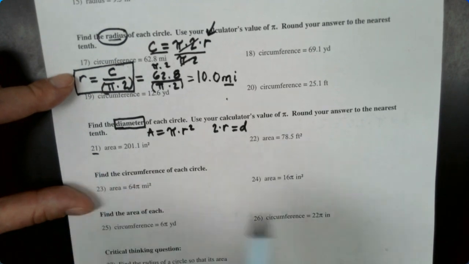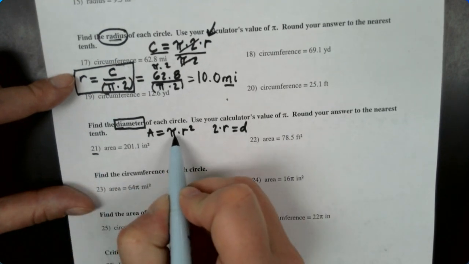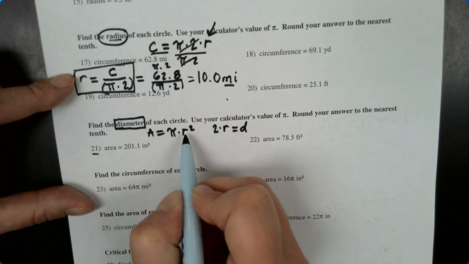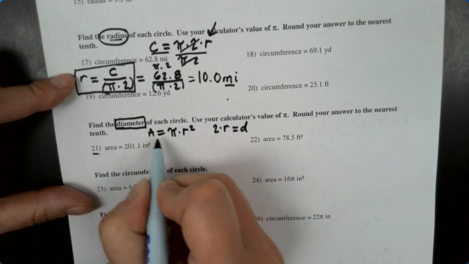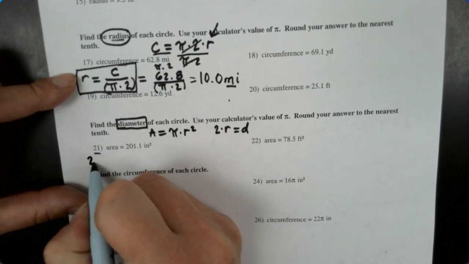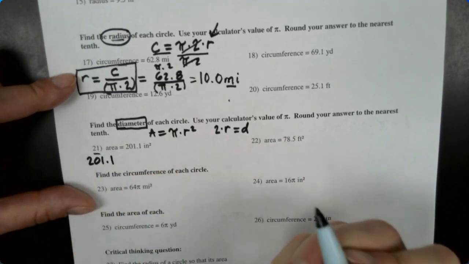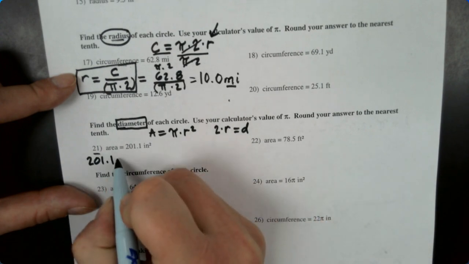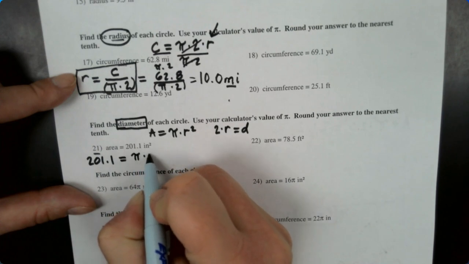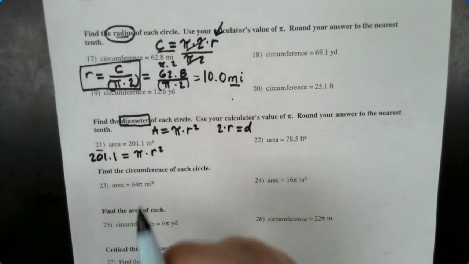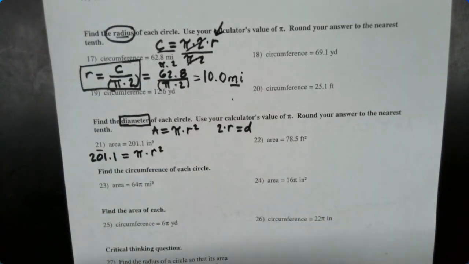So we have the area. We don't have the radius. So area is 201.1, and that equals pi times, we don't know the radius, and it is squared in our equation.